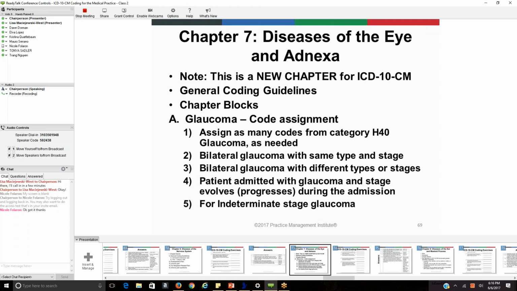If glaucoma is in both eyes, that means it's bilateral. If the stage of the glaucoma is the same in each eye, then you can code the bilateral component. However, if you have stage 1 glaucoma in the right eye and stage 3 glaucoma in the left eye, you're going to have to code those eyes separately instead of using the bilateral component.